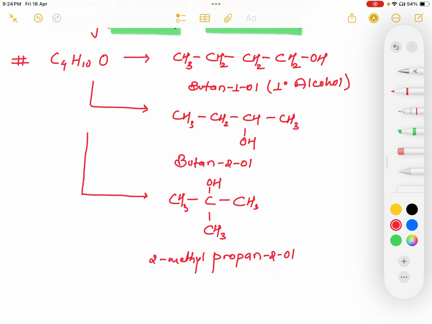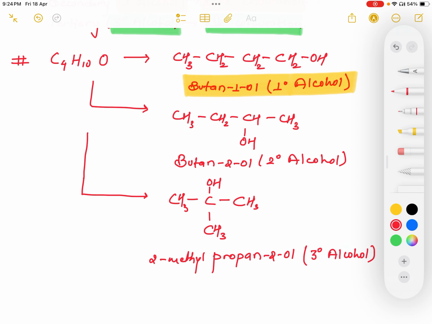So basically, what you can know over here is that butan-1-ol is your 1 degree alcohol, butan-2-ol is your 2 degree alcohol, and 2-methylpropan-2-ol is your 3 degree alcohol.